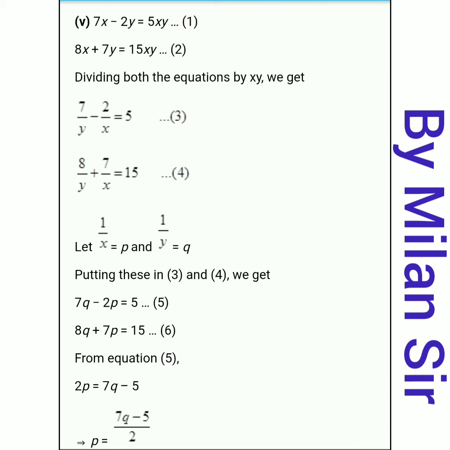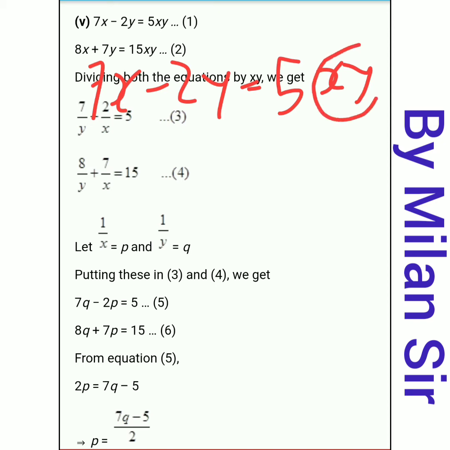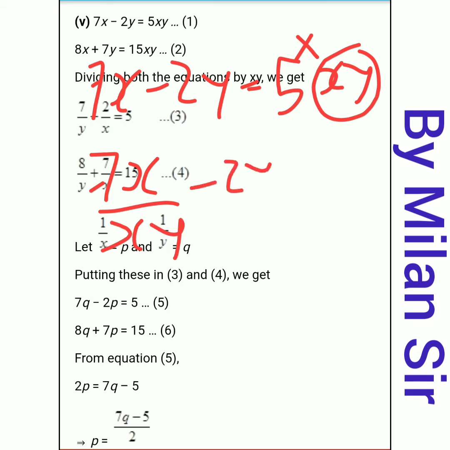And one more thing, we do not want xy together. So transfer this xy to the left hand side. Our first equation is 7x minus 2y is equal to 5xy. Right now this is in multiplication. If we transfer it to the left hand side, it goes to the denominator. So 7x upon xy and minus 2y upon xy is equal to 5.